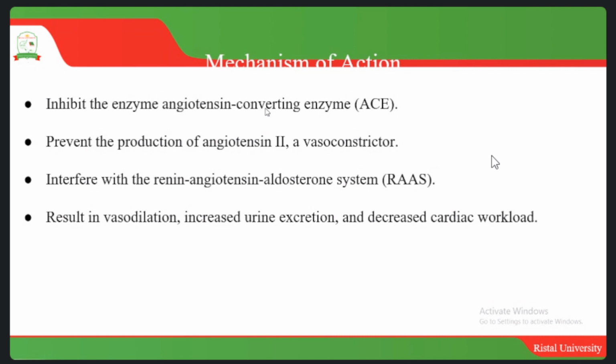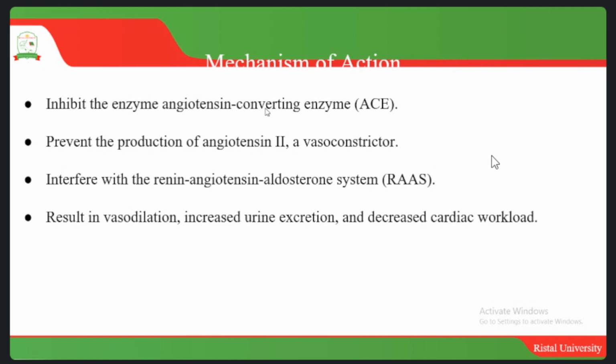So this RAS, the renin angiotensin aldosterone system, is not a good mechanism, because it can result in vasoconstriction of the blood vessels in case you don't use the ACE inhibitors. But when you use the ACE inhibitors, this will interfere with the renin angiotensin aldosterone system.